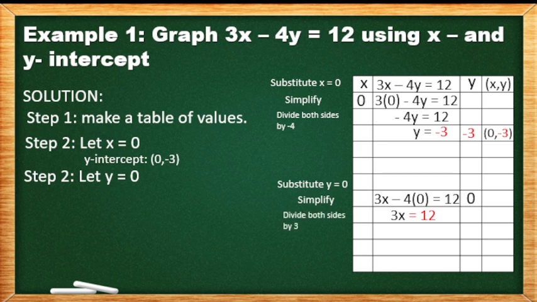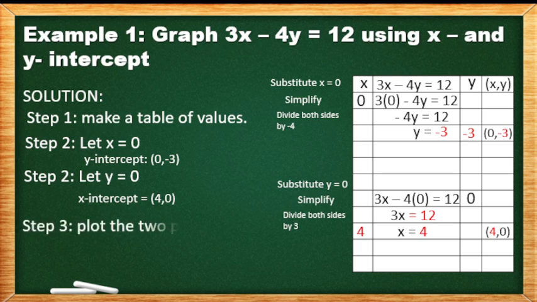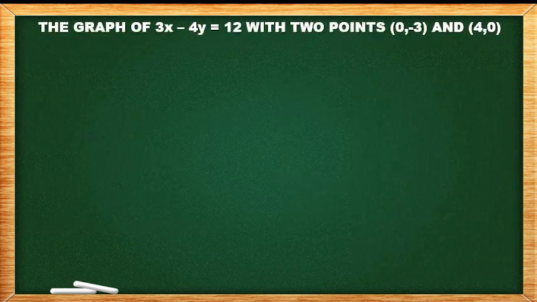Divide both sides by 3. So, x natin ay is equal to 4. Then, the ordered pair is (4, 0). So, this will be our x-intercept. Means, makikita natin yung point na yan sa x-axis. Graph na natin.